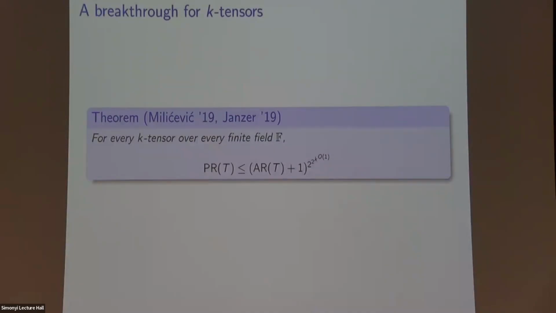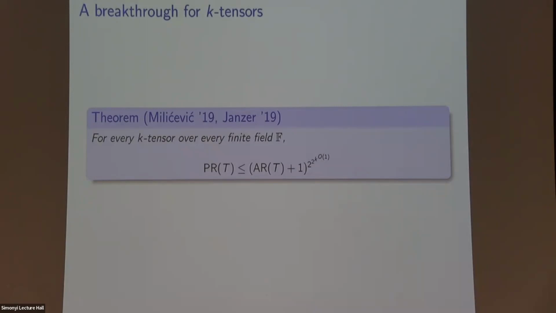They bounded the partition rank over any finite field for any k: partition rank is bounded by the analytic rank raised to some quantity that depends only on k. It's a pretty scary quantity, but at least we know that there's a polynomial relationship, so that's excellent. Or at least it's definitely much better than the previous situation.